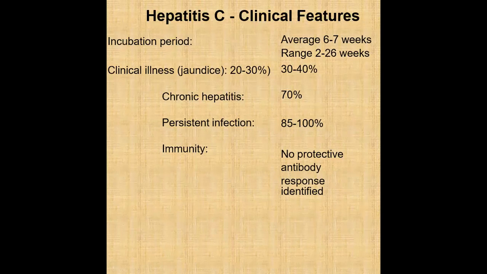Once the hepatitis virus enters the patient's body, the materials are already present, so there is a favorable environment for the growth of the virus, and so the infection is found. Regarding immunity, no protective antibodies are found, and response is to be identified.